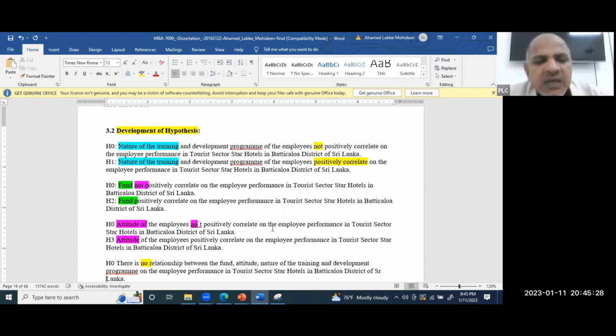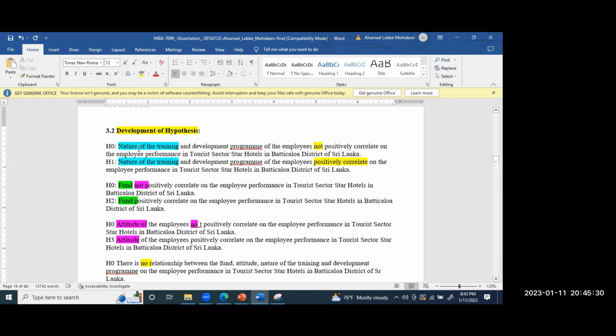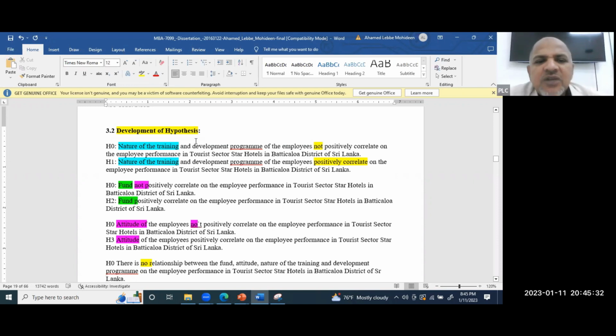Now, the nature of the training, I bring it here like this. The nature of the training depends on whether it is positively correlated or not positively correlated. Positively correlated means positive connection.